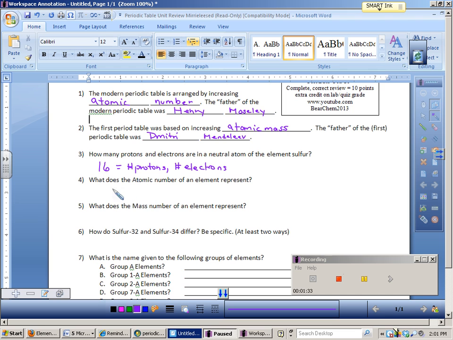The atomic number always tells us number of protons. And it also tells us number of electrons for neutral elements.